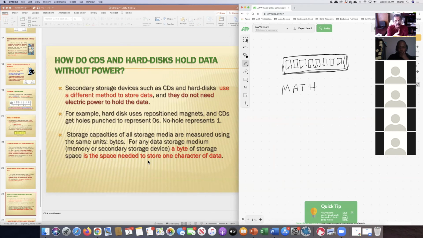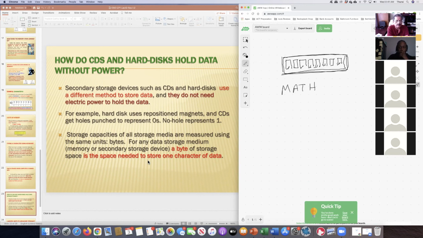So when you're storing something on the CD, you're actually punching holes, a whole bunch of holes. So that's why we say burn. You're burning the disk. You are physically burning holes everywhere. Gotcha. I see now. All right. So a hole will represent 1, no hole represents 0. So by arranging the hole, no hole sequence, you are storing characters.